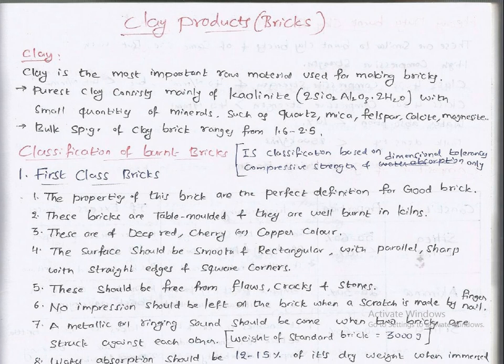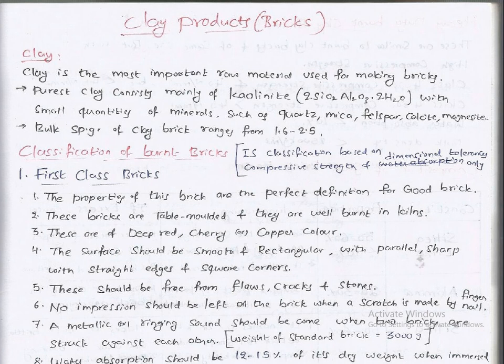First class brick. No impression should be left on the brick when a scratch is made with a finger nail. A metallic ringing sound should come when two bricks are struck against each other. Weight of a standard brick is 3 kg.